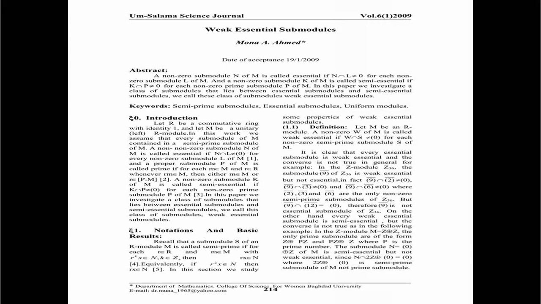So the definition is as follows: let M be a module, a non-zero submodule W of M is called weak essential if W intersect S is not equal to 0 for each non-zero semi-prime submodule S of M.